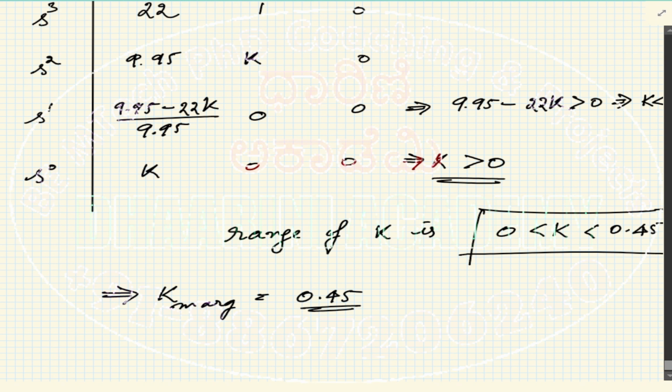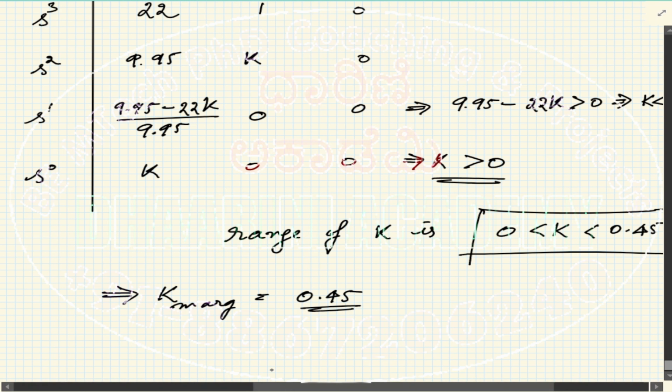So once we have this, what is our next objective? We want to find out the frequency value. So how do you find the frequency? We have to write an equation. The auxiliary equation can be written.